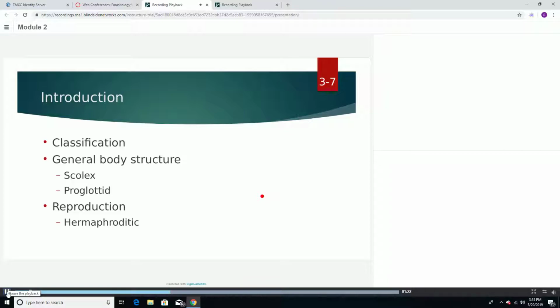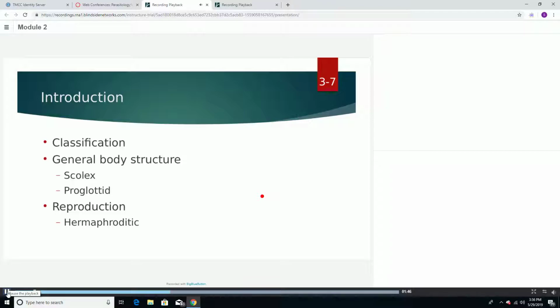Okay, so again, this is Chapter 3, Cestoda, and Cestoda falls under the phylum of platyhelminths, also known as flatworms. These are obviously flattened worms, but they have solid bodies with no body cavity. We have two classes in the phylum of platyhelminths.